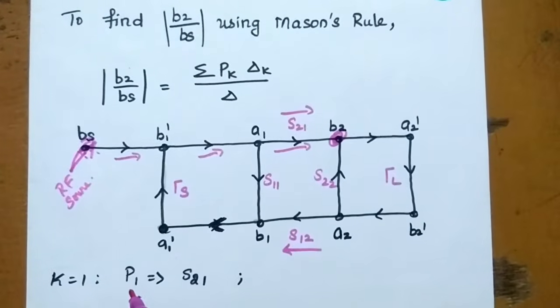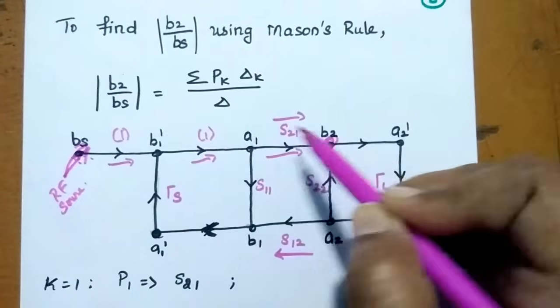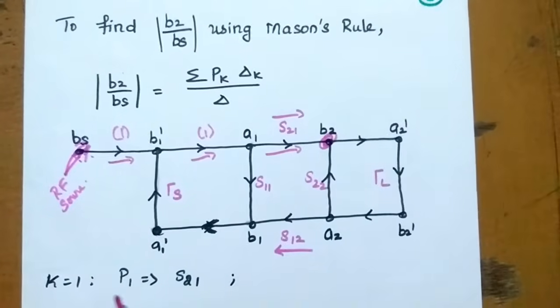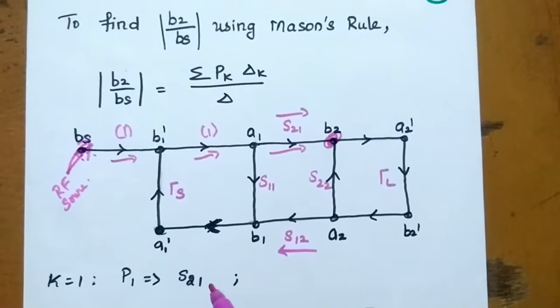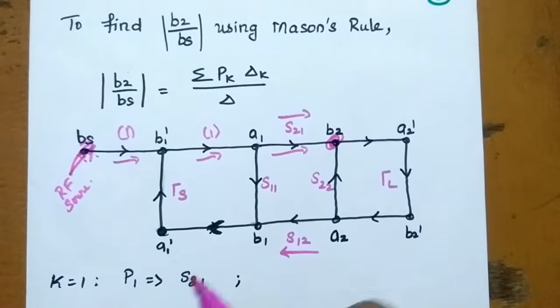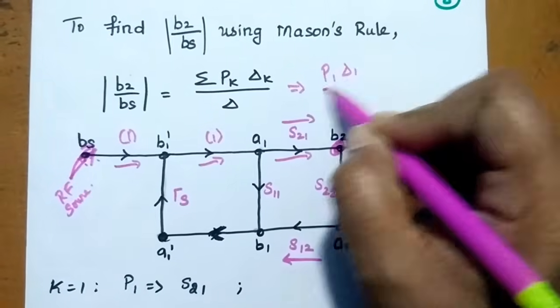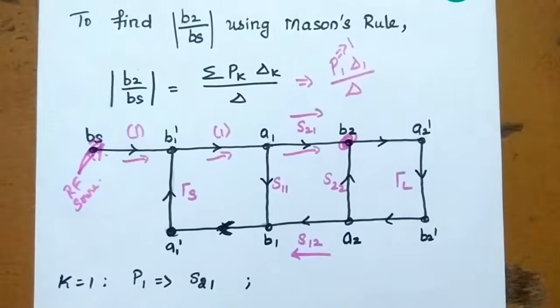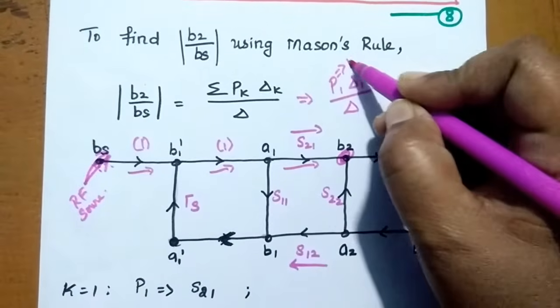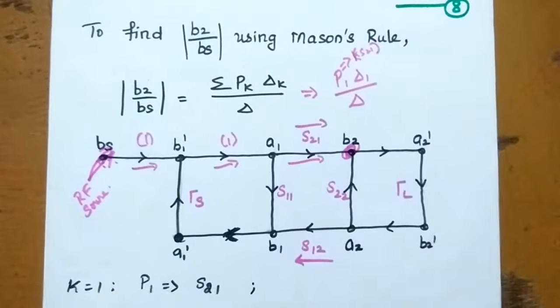That is the gain of the forward path. Here the gain is 1, here the gain is 1, here it is S21. So 1 into 1 into S21 is S21. So P1 is equal to S21.